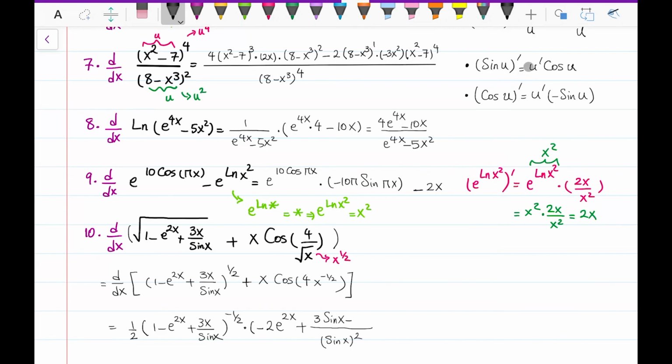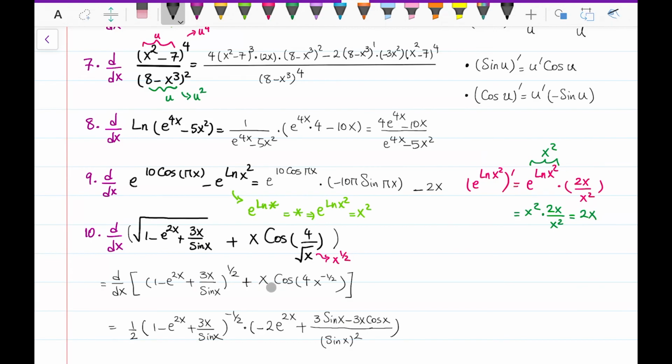Because the derivative of sine of x would be the derivative of x, which is 1, times cosine of x. So the derivative of sine is cosine times the top, 3x cosine x. Very good. So I found the derivative of the first parenthesis.